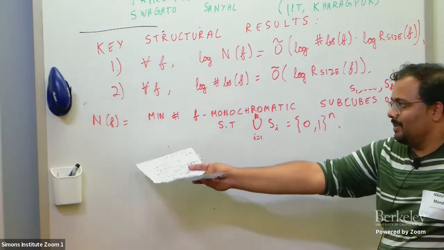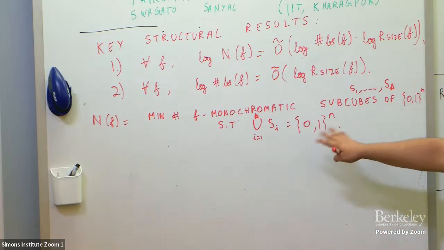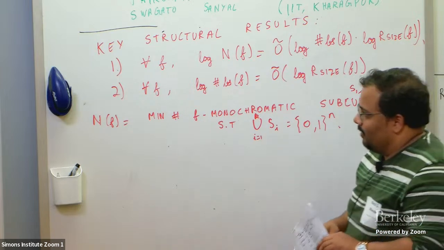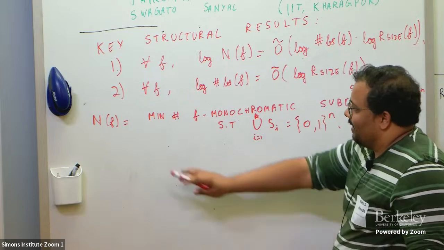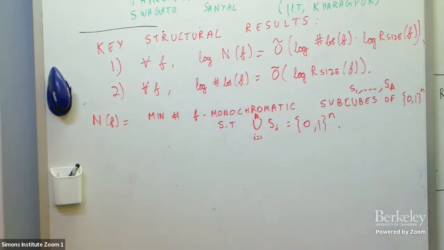And N of F is, in some sense, N0 of F, which I'm not splitting up this definition, but this is in some sense the non-deterministic complexity of F. It's not very hard to show that if you have an efficient cover of F by subcubes, then you can get small size decision trees.